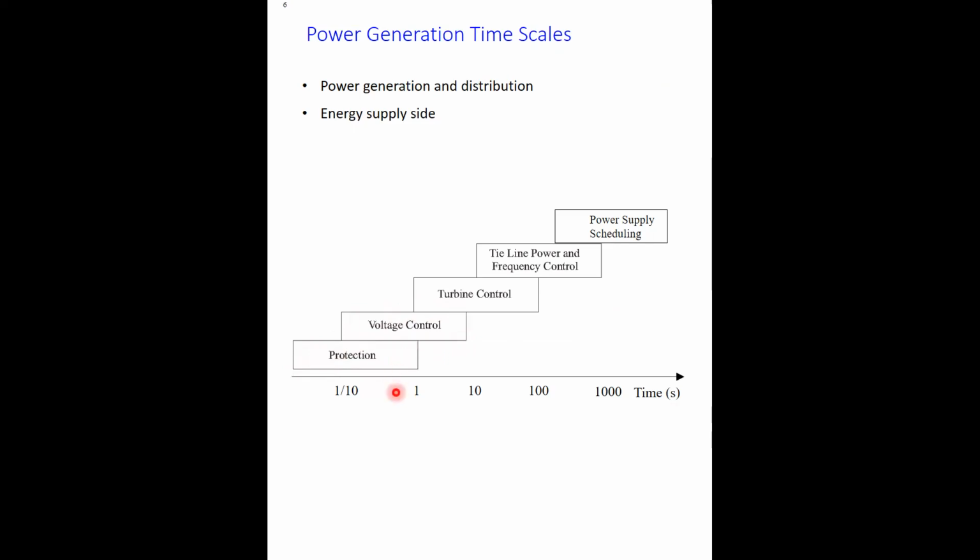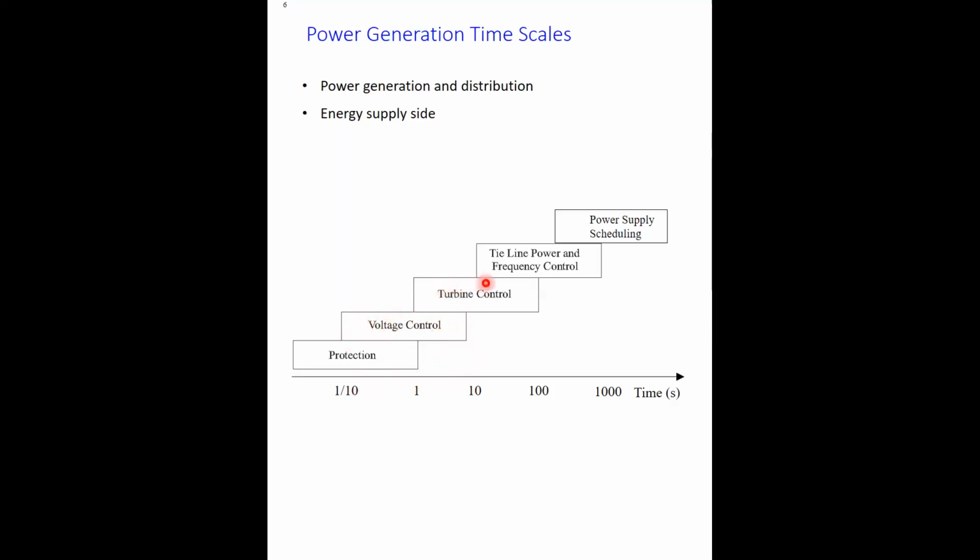This could be in the range of 1 second or 2 seconds, or if it is referred to as short-term voltage stability, it will be for a few seconds, or for long-term voltage stability, it will be in the range of minutes as well. So this is the time scale of the voltage control being applied.